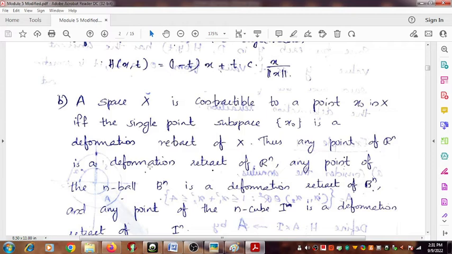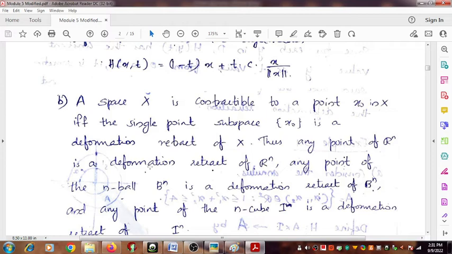You can apply a deformation retraction on the space X, considering the single point singleton set, which can be treated as a subspace of X. So the single point subspace.